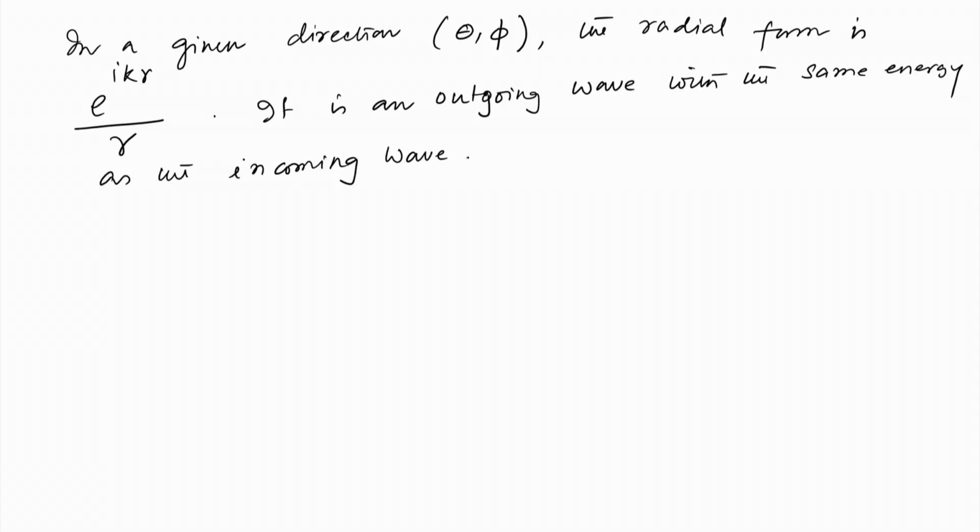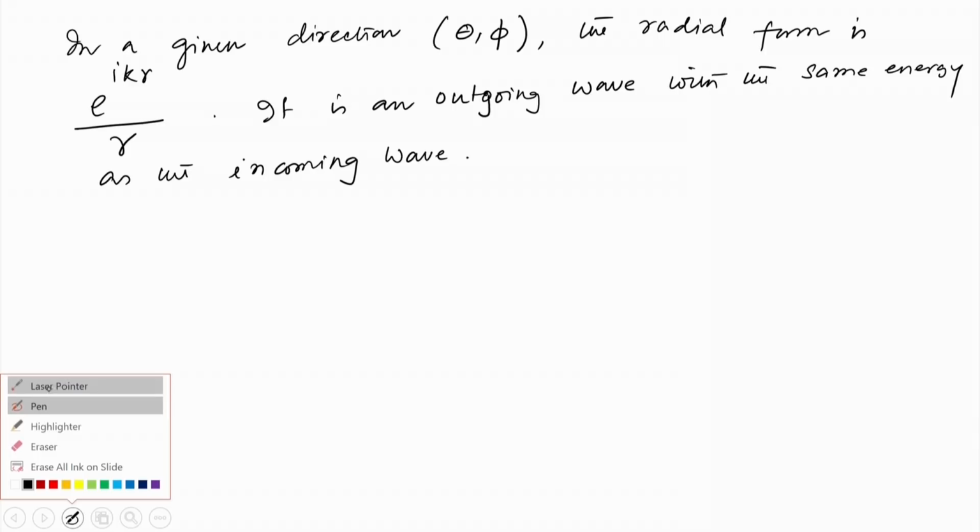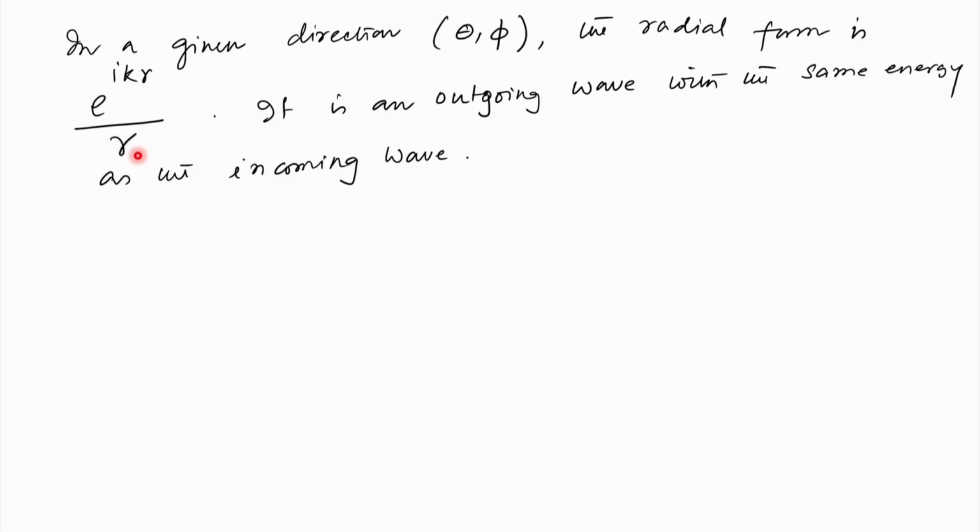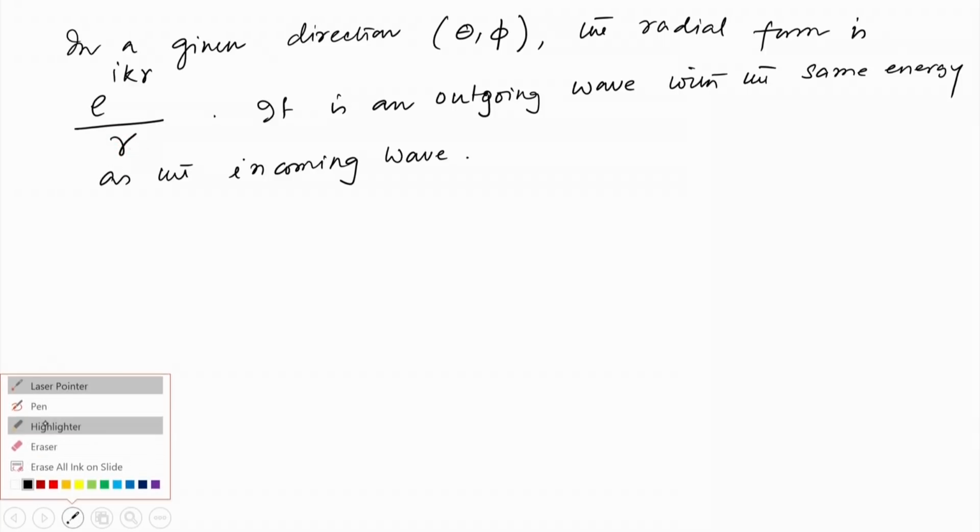You might then think, what is this 1 over r in the denominator, as it is shown here? Where does it come from?